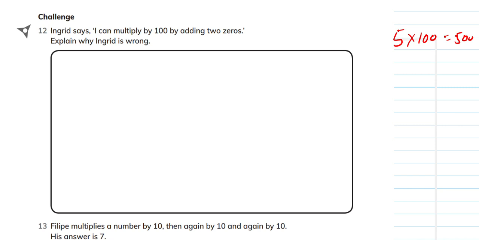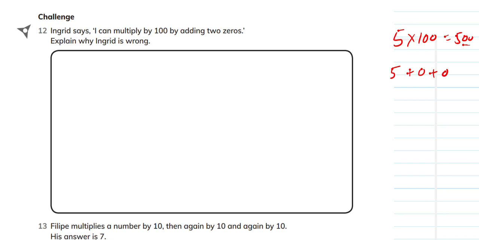What comes to my mind when saying adding two zeros? I might take it like this: if the number is 5, it can be 5 plus 0 plus 0. So adding the zeros will not affect the number. But it was not in my mind before, and maybe the writer of the question is thinking about adding two zeros beside the number. So there can be two possible ways of answering this.